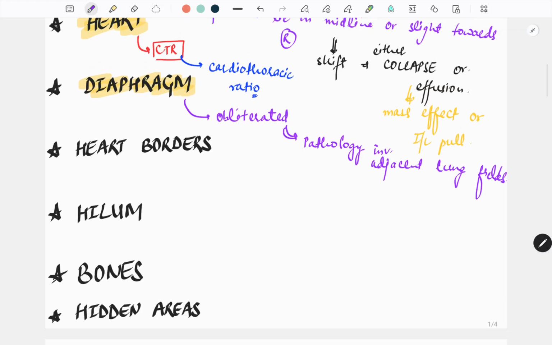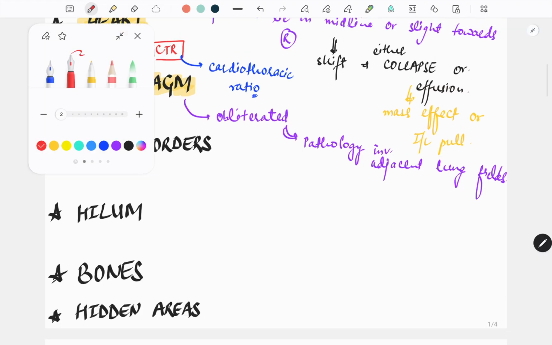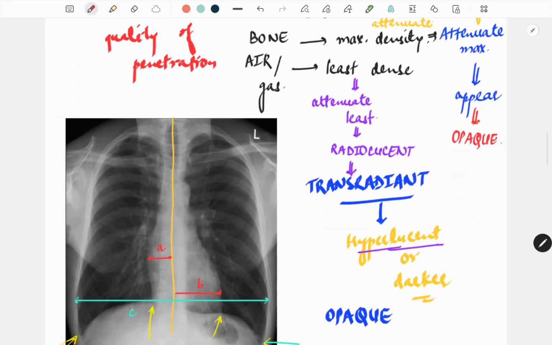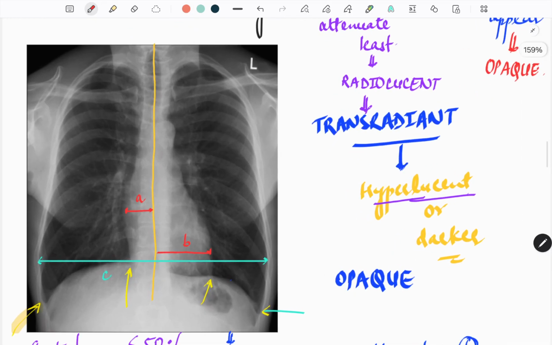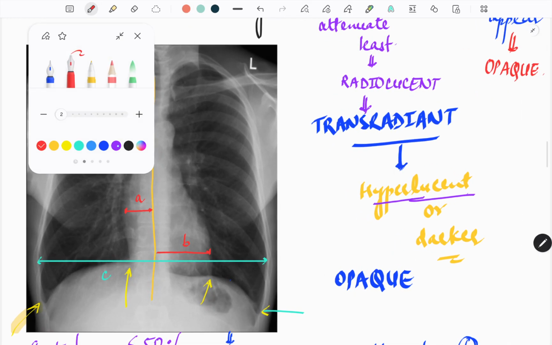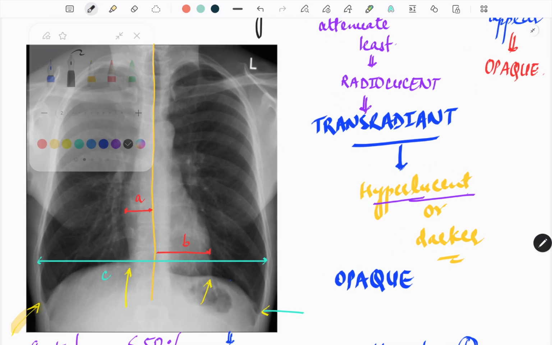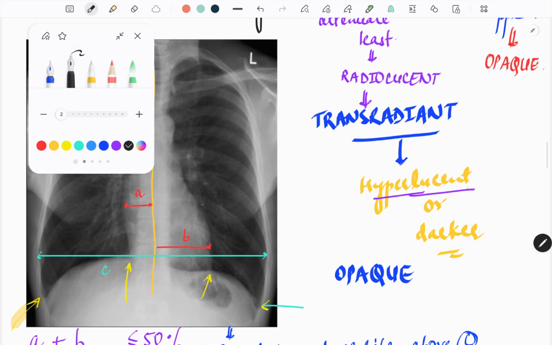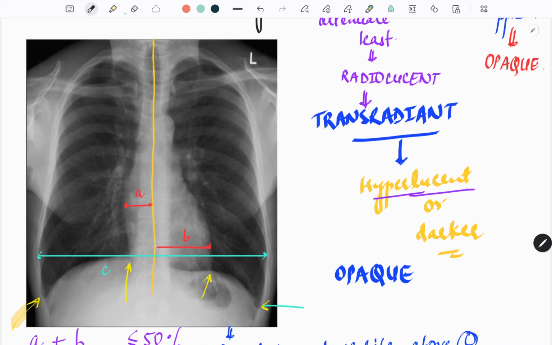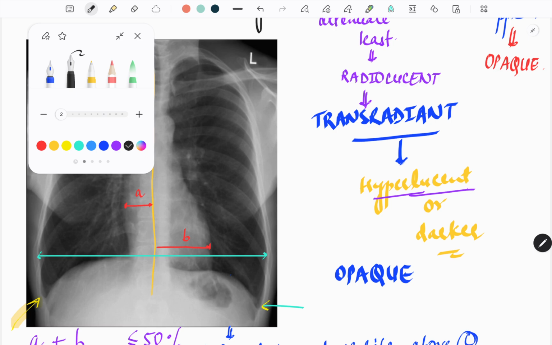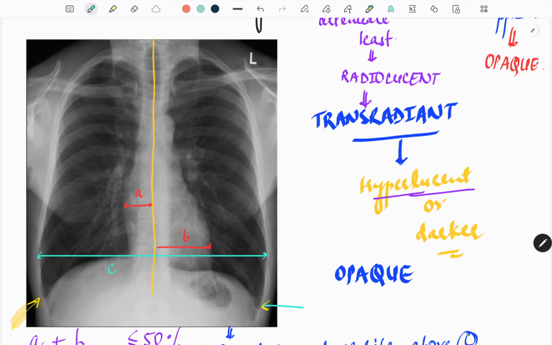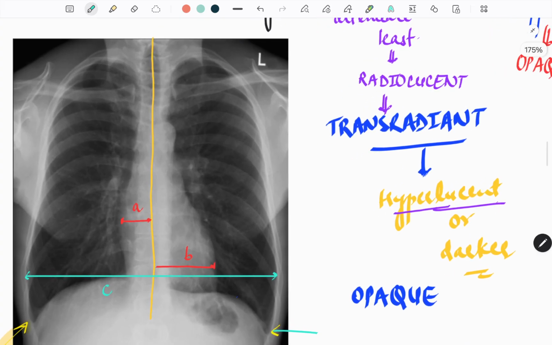Next, we should see the cardiac borders. All of the cardiac borders should be well defined and should be clearly visible.